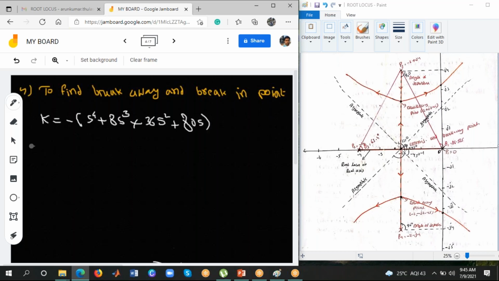So first I am going to substitute S equals to minus 2. Then find the value of K. K value ఎంత వస్తుందో చూడండి అమ్మా.